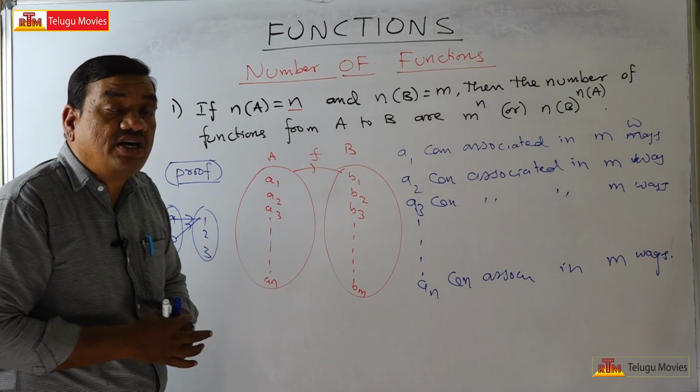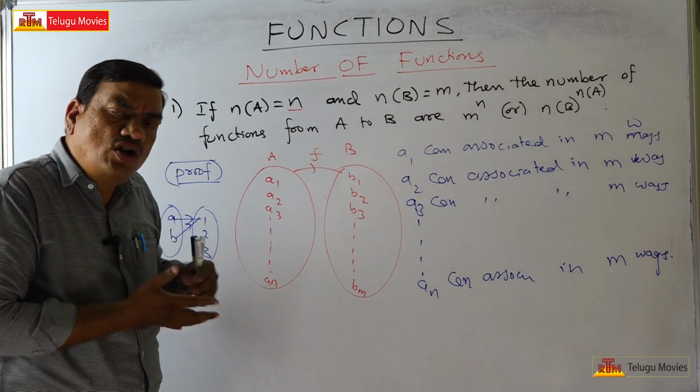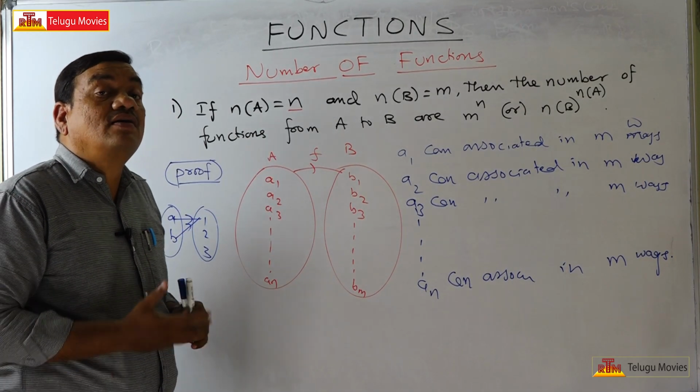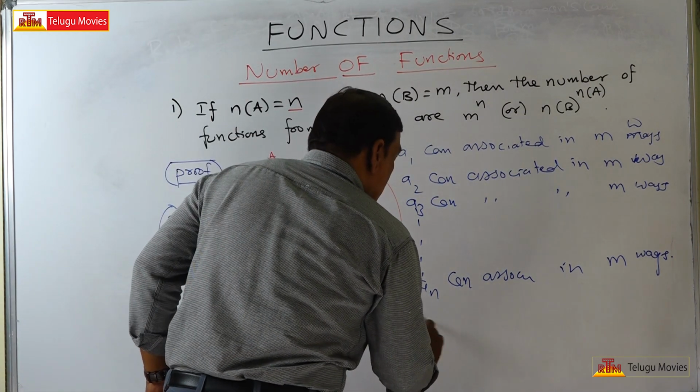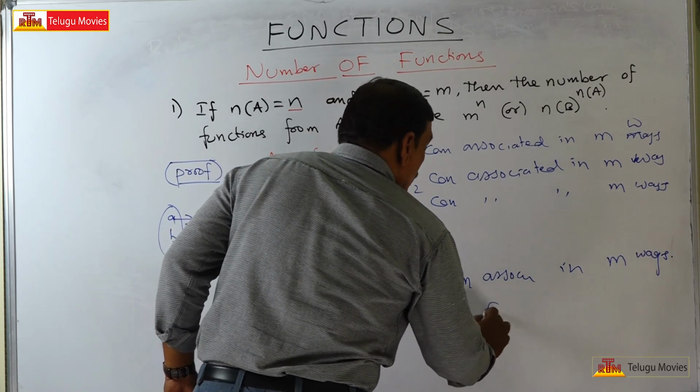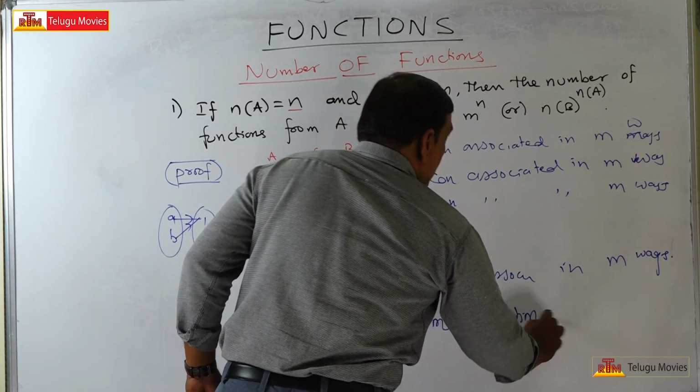These n elements can each be associated with any element, and all should happen compulsorily. That means the principle of multiplication applies. To make a function, how many ways are there?